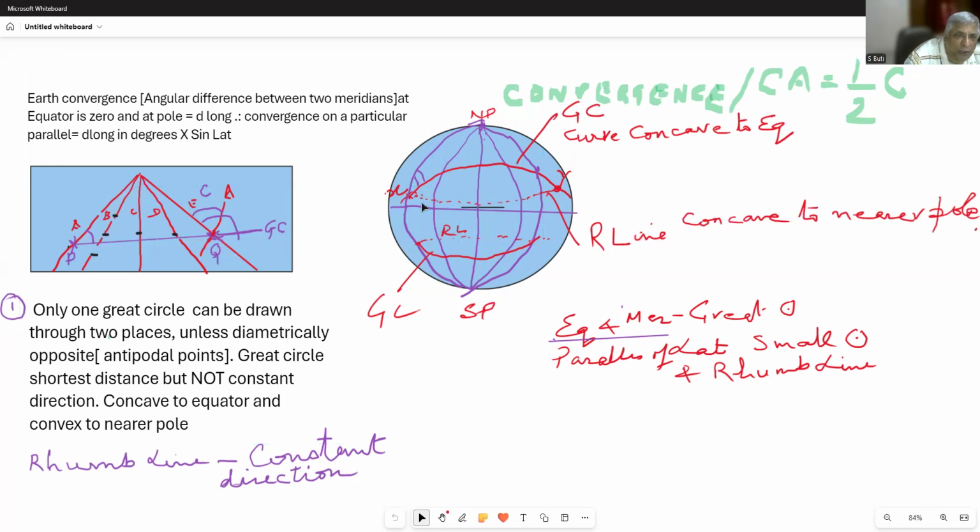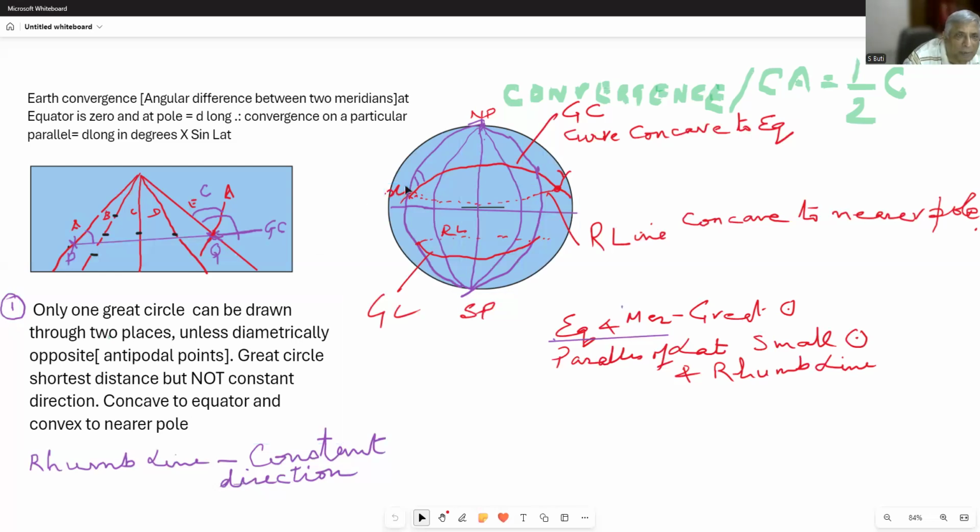Otherwise, we can draw only one circle joining 2 places on the earth, and therefore, the great circle is the shortest distance between these 2 points, but please remember, it does not give you a constant direction when you are flying along a great circle. Shortest distance, yes. The great circle changes direction.